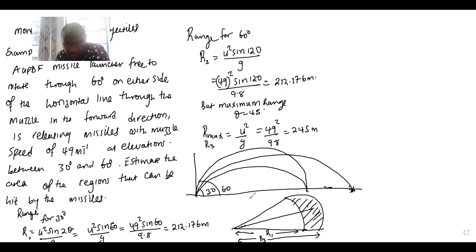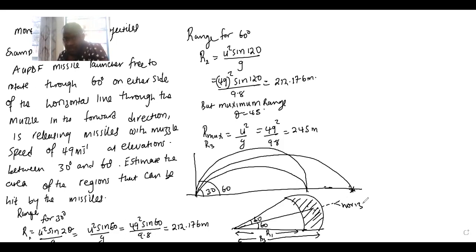And according to this, if you have this as 60, it can also produce this too, because these are sectors of a circle. This is the horizontal line.